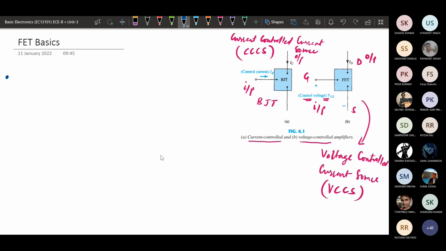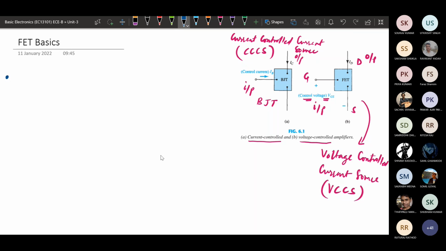Basically in case of FETs, the operation of the device will depend on the electric field intensity that will be introduced because of the applied gate voltage and also the applied output voltage. Here the electric field will be developed inside the channel region.